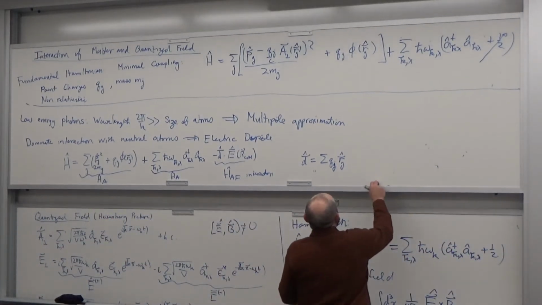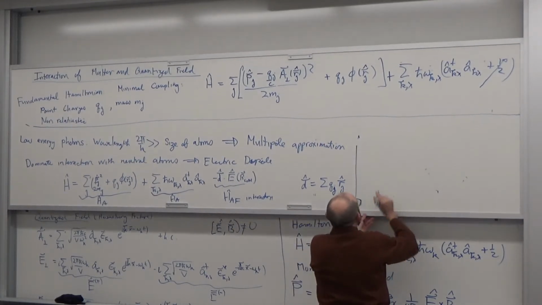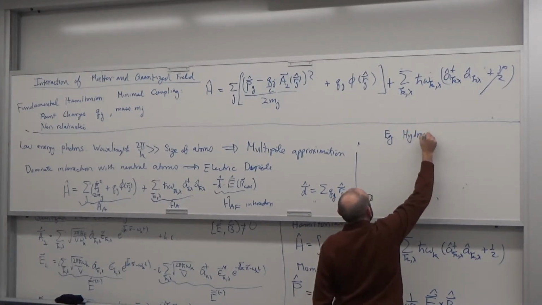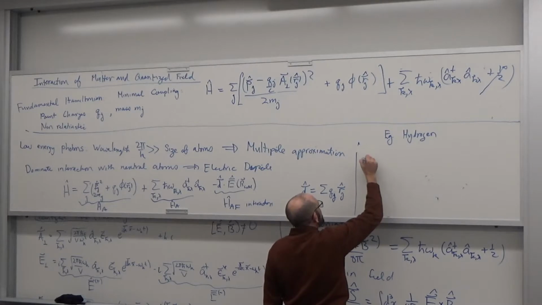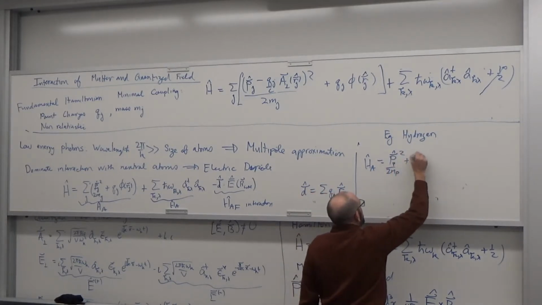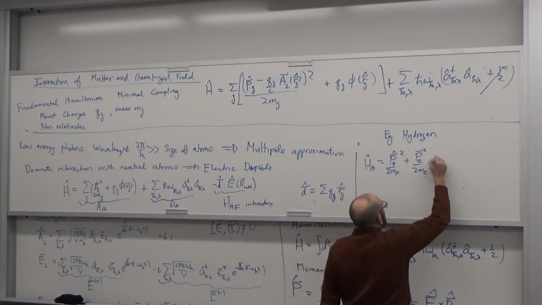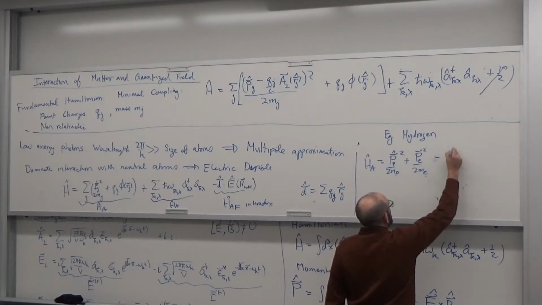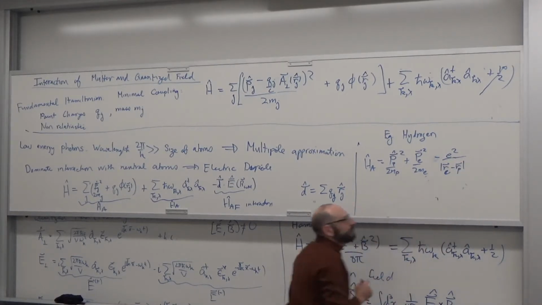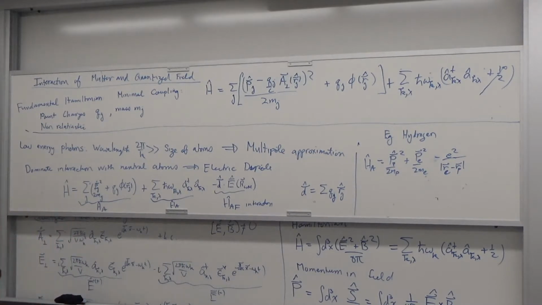For example, in hydrogen, the Hamiltonian of the atom is the momentum of the proton squared, the kinetic energy of the electron, and then the Coulomb interaction. That looks at the relative energy, right? That would be the hydrogen atom.